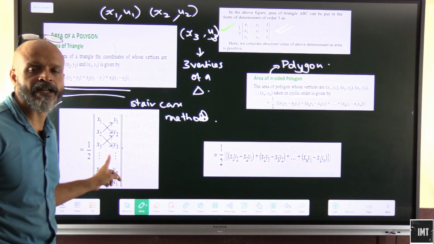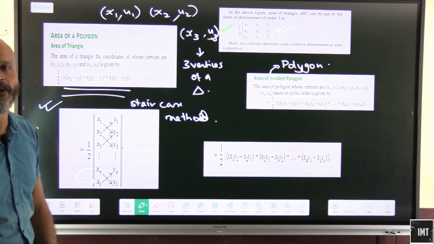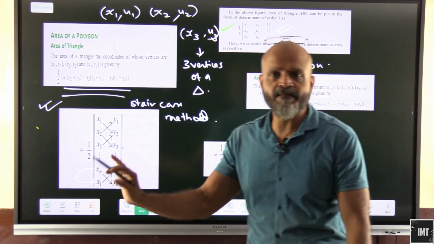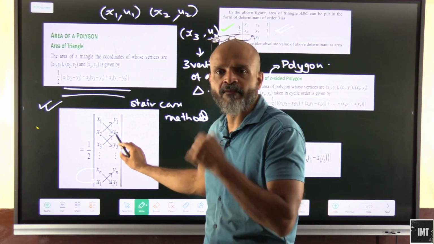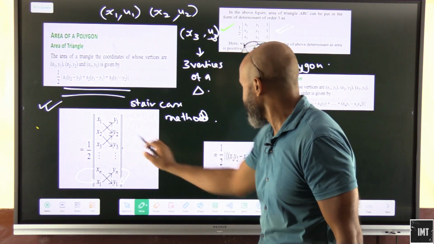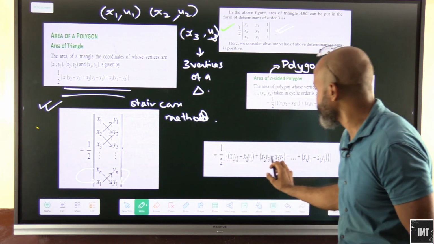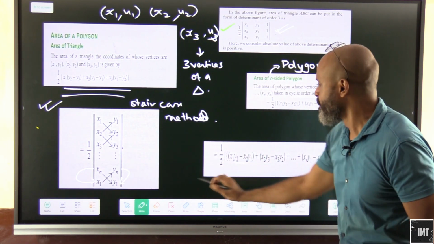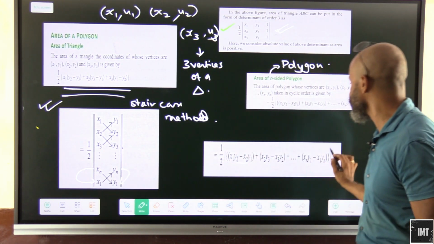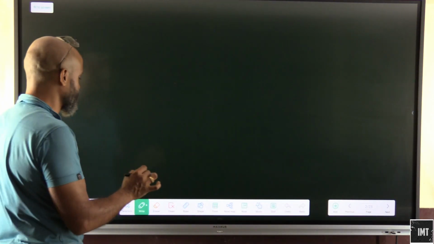It will be x1 x2 x3 up to xn, and after xn you switch back to x1. Similarly y1 y2 y3 up to yn, and again back to y1. So this will be x1 y2 minus x2 y1 plus x2 y3 minus x3 y2 and so on, up to xn y1 minus x1 yn.